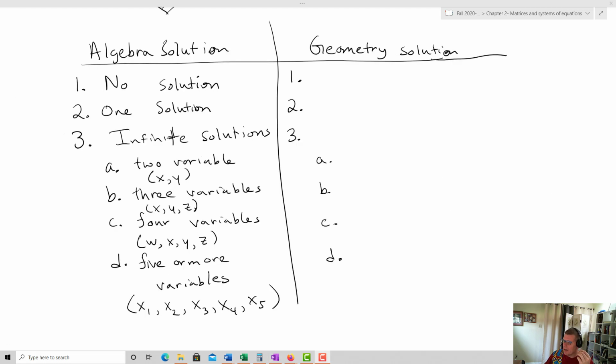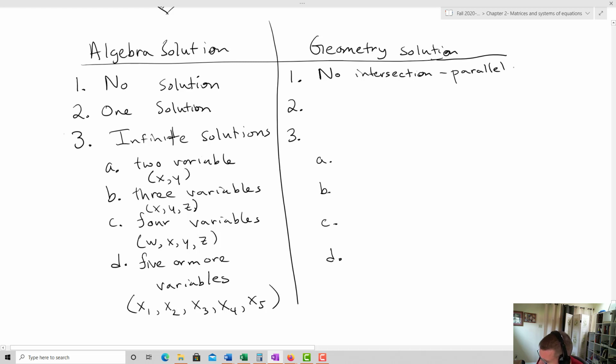Let's characterize them. So let's characterize the algebraic solution, and then we'll characterize the geometric solution to go along with it. So first, for the algebraic solution of no solution, what we have is no intersection. And that's our geometric solution. Basically, we have parallel, or what we call skew, planes.